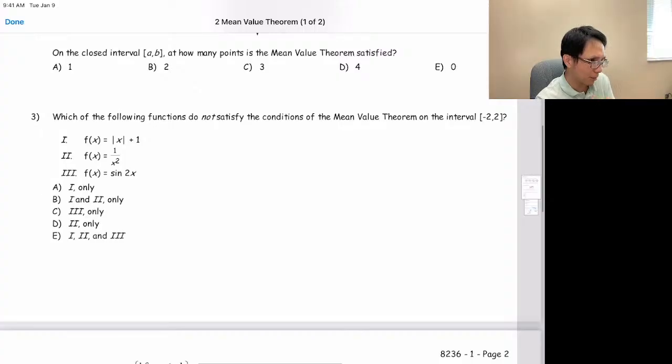Let's look at this. This is another question that has no calculation involved, but you have to know what the function looks like. If you got an answer, just raise your hand so I can call you.